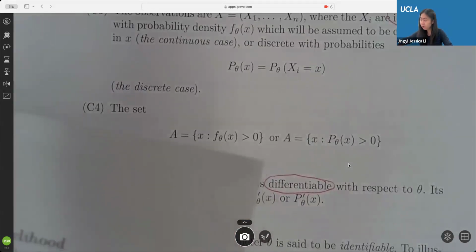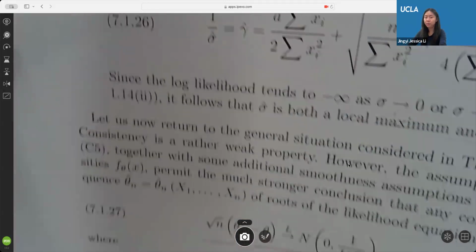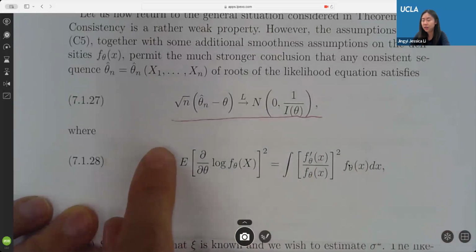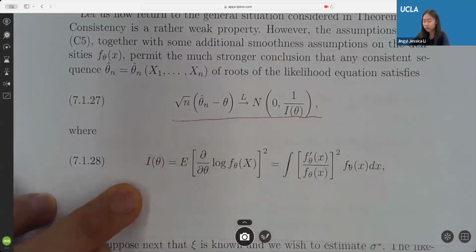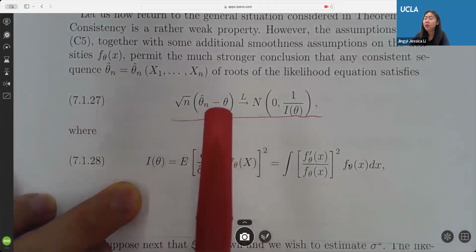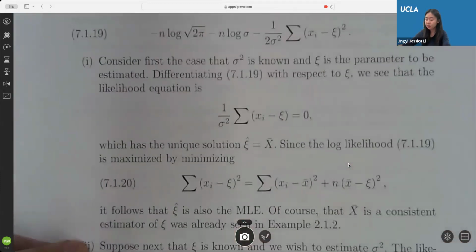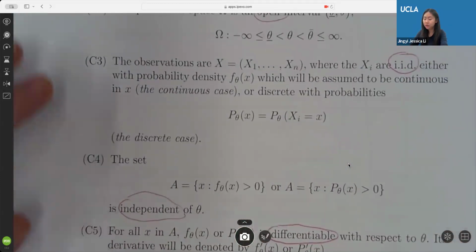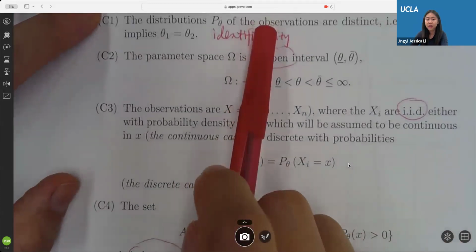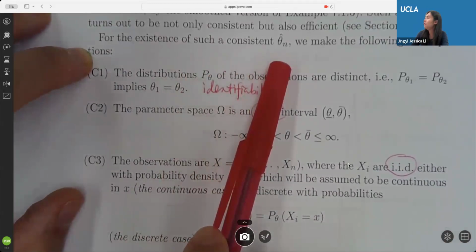So continuing from there, we want to first give you the conclusion before we prove it. We'll give you more detailed discussion later in today's lecture. This is the most important asymptotic normality result for MLE. These 5 conditions, sorry, I forgot to say that, C1 to C5, are to guarantee the consistency of the MLE.